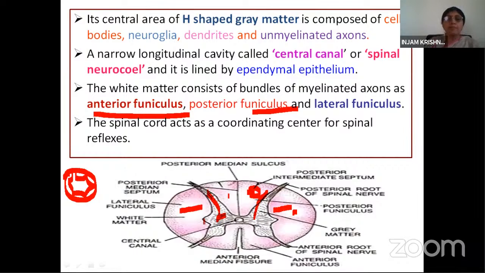Here also the lateral funiculus. At the center of the H shape is gray matter. In the center of the gray matter, there is one small, very narrow hole-like structure. It is the neurocoel, in which the spinal cord fluid passes on.